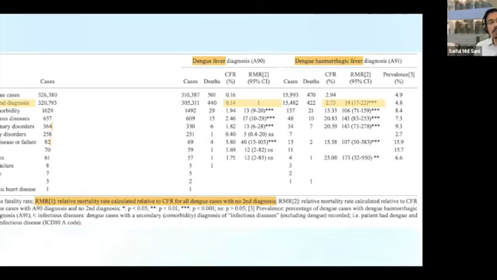Here I've highlighted people without comorbids. For people without comorbids with dengue fever, the case fatality is 0.14. So they take that as the reference value, and they compare to other subgroups of patients. Here the reference value becomes a relative mortality rate of 1.